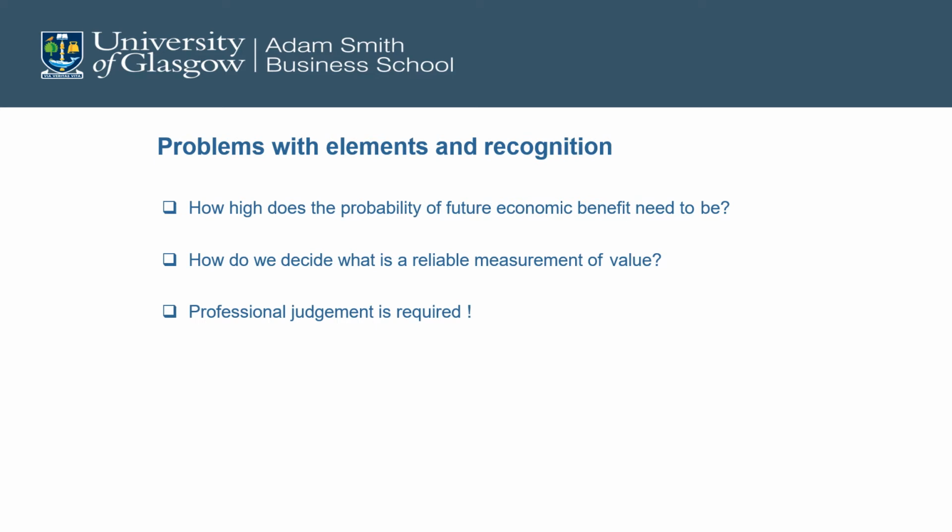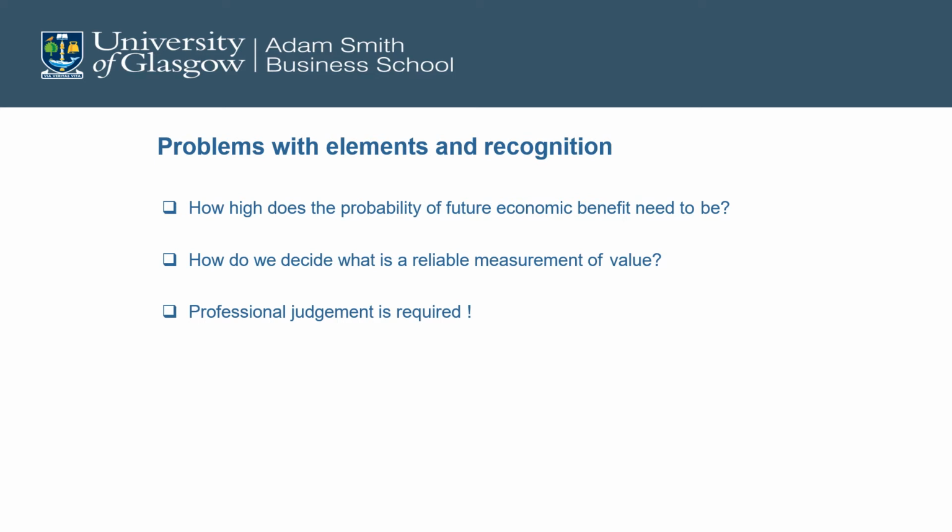And how do we decide what it means to be a reliable measurement of value? Because at the end of the day, we are using the cost that we have incurred in the past as a result of the transaction, or we are using values for exchange, for example, in the fair value system.